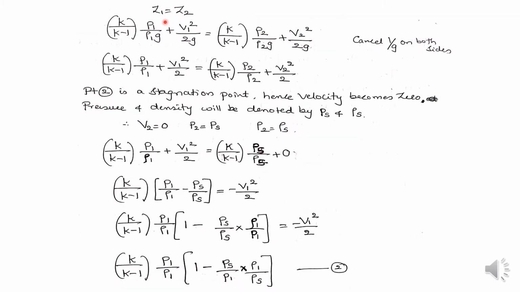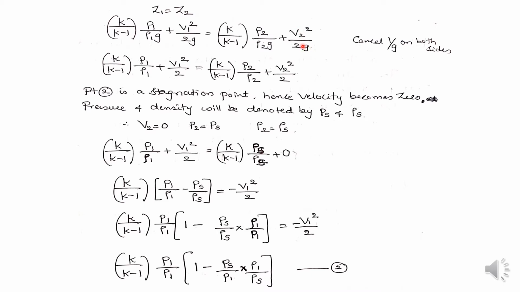Now as Z1 equals Z2, because it is a straight, horizontal line where both points are at the same level, let me cancel the Z terms on the left side and the right side of the equation. So my equation remains in this form. I have cancelled only the Z1 and Z2 terms on both sides.